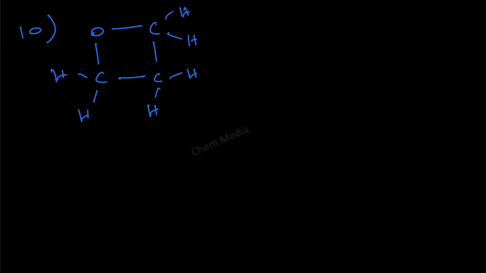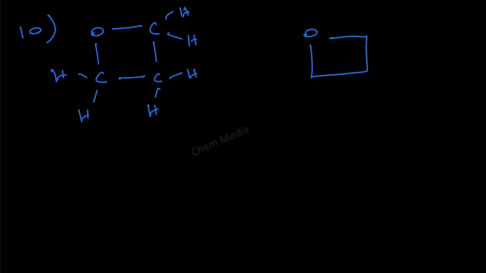We are going to write 1,3 propylene oxide. That is oxygen connected to carbon, carbon, and then another carbon. So we have a 4-membered ring with 3 carbon atoms and 1 oxygen atom. And the same thing in bond line notation would be this one.